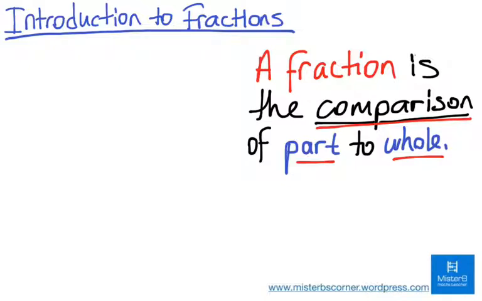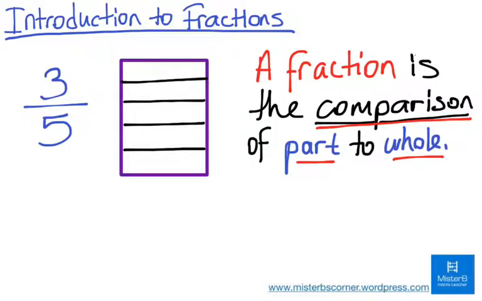So when you write a fraction, for example, if you write 3/5, we're talking about three parts, as in here. I mean, these are 1, 2, 3, 4, 5 parts of a whole of this rectangle. So we're talking about three parts of it.